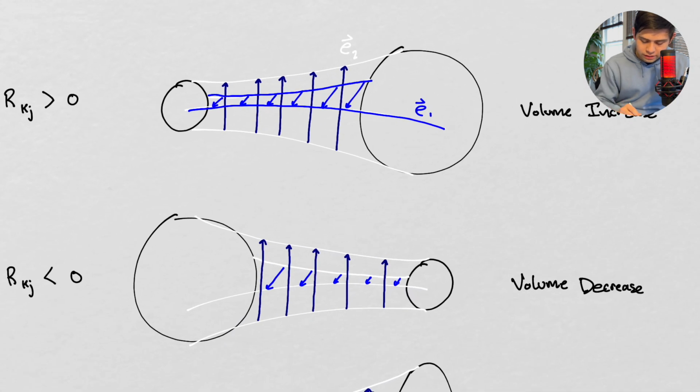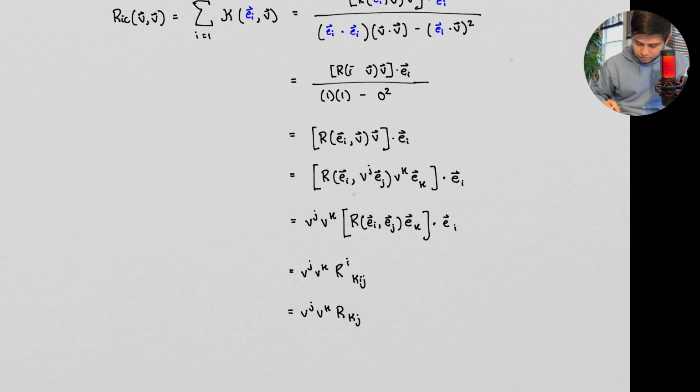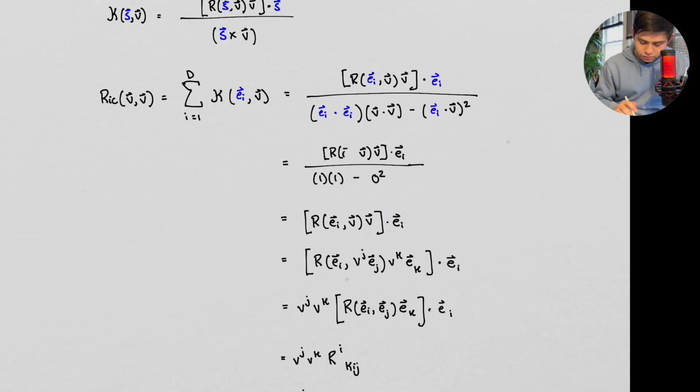Each one of these is the sectional curvature as some volume expands, and we're going to see exactly how the math here works. So the Ricci tensor is defined as this, where the Einstein sum is implied right here.